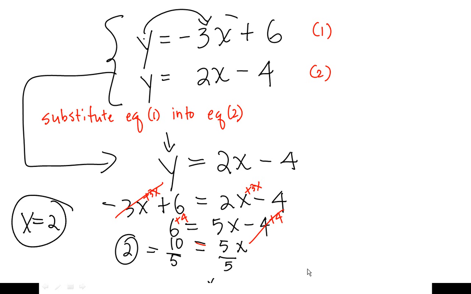Now we need to figure out what y is. So it doesn't matter which equation you use, equation 1 or equation 2. Let's just use equation 2, okay? y equals 2x minus 4. What we're going to do is substitute x equals 2.